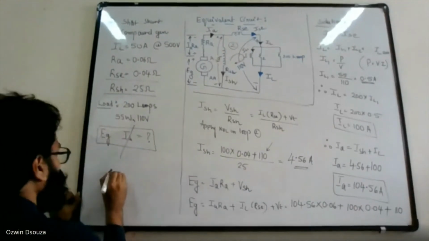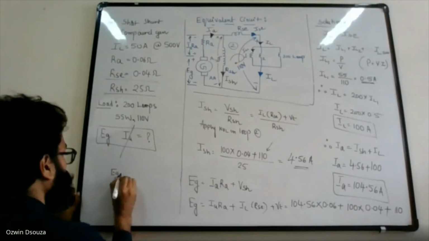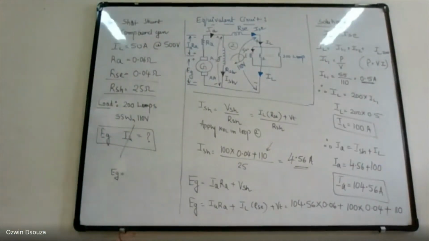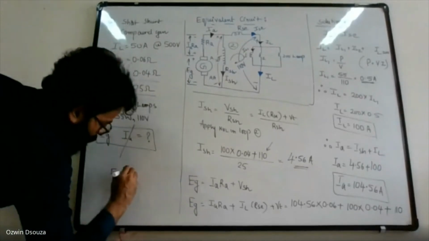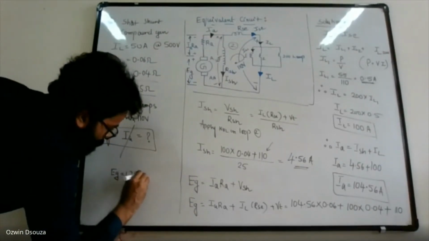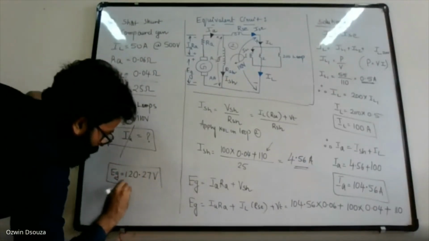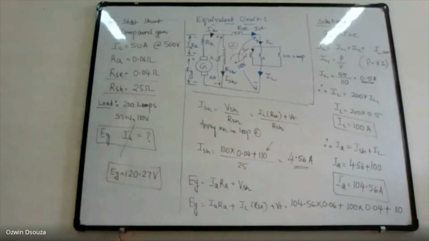So that will give you EG. So EG, you will get it as 120.27.